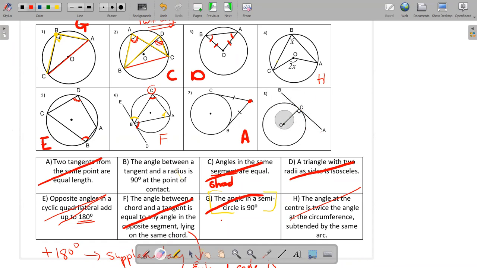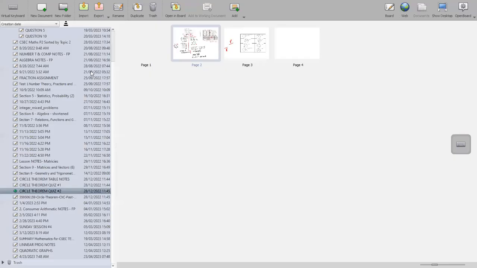Anytime a radius and a tangent meet at a point, they're always going to form a 90 degree angle. So that means you have B, the angle between a tangent and a radius is 90 degrees. So that's B.